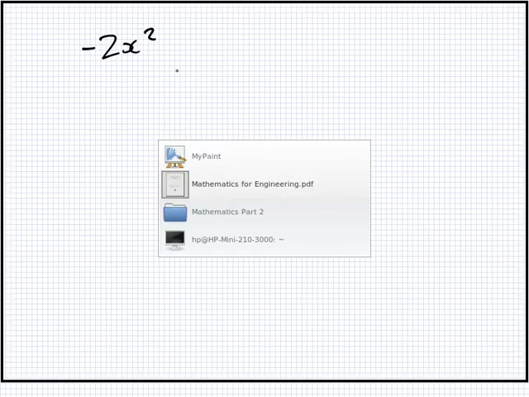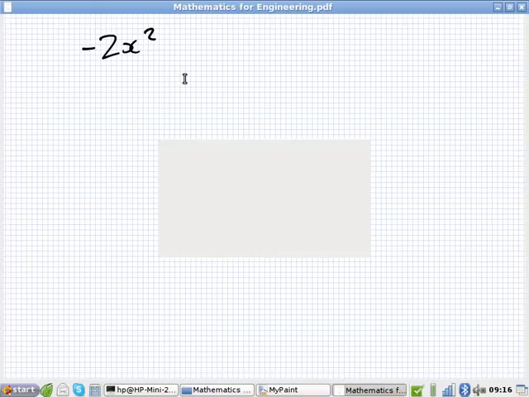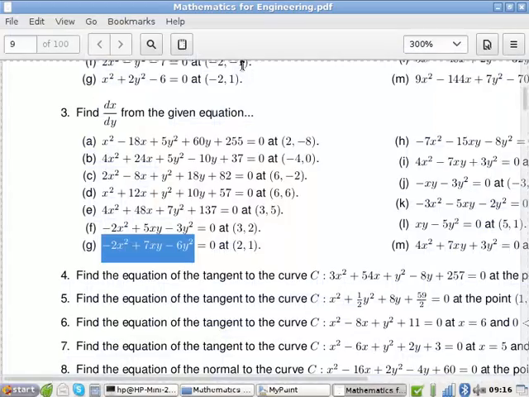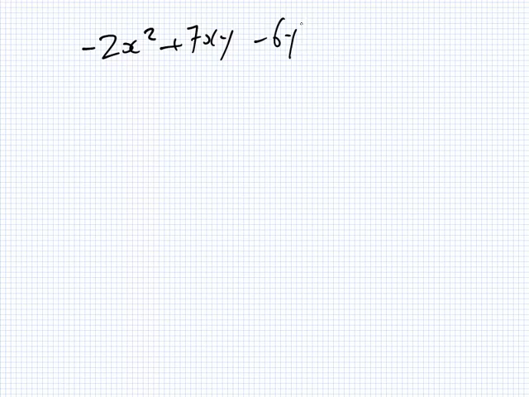Now, it's minus 2x squared plus 7xy minus 6y squared equals 0.